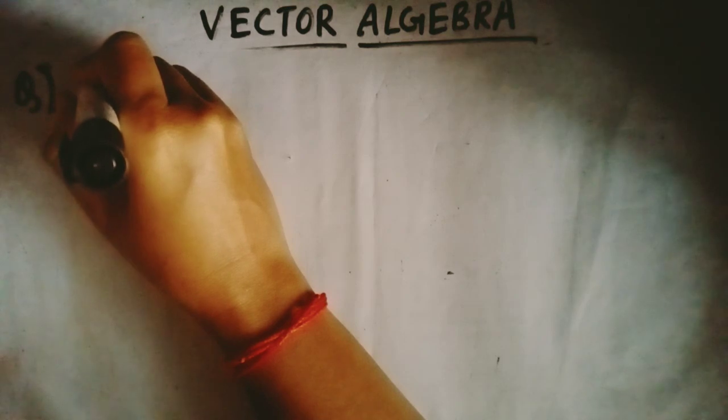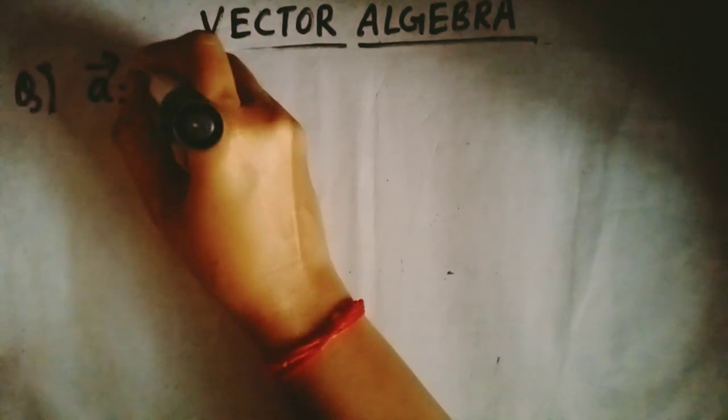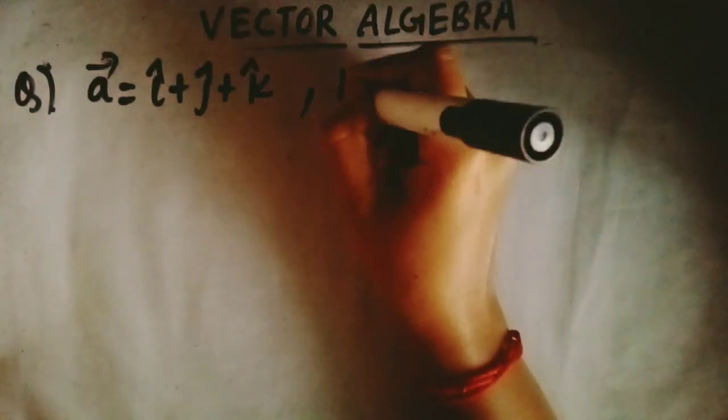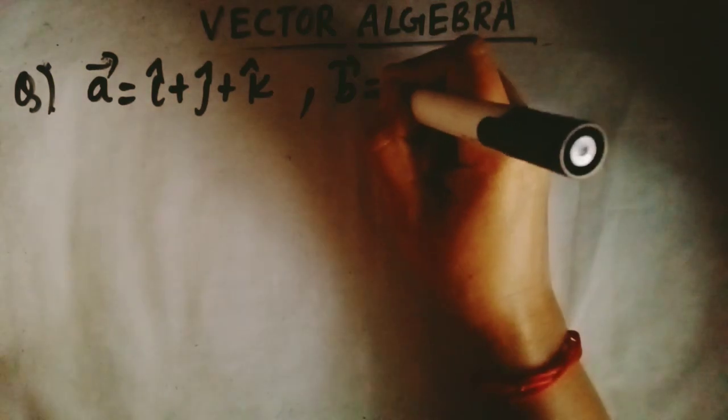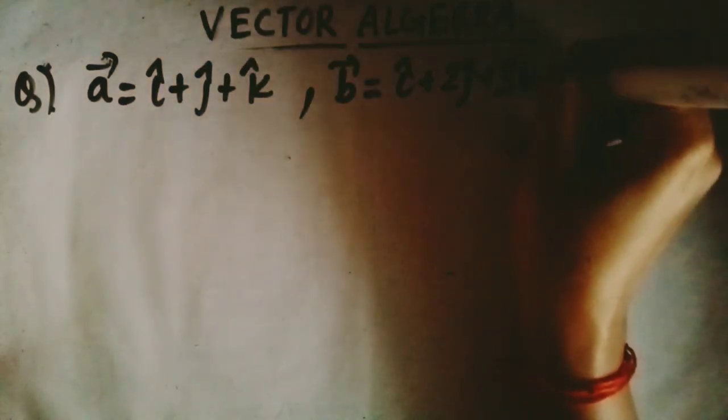They have told you to find A plus B and A minus B. A is i plus j plus k and B is i plus 2j plus 3k.